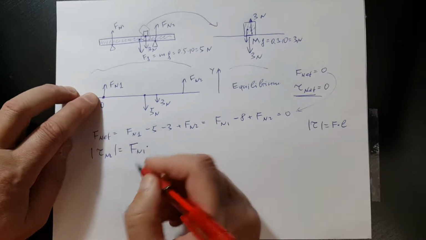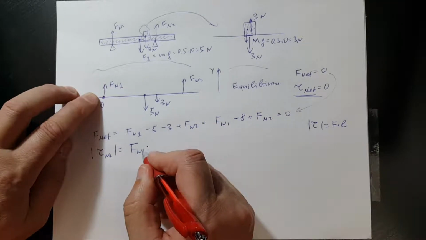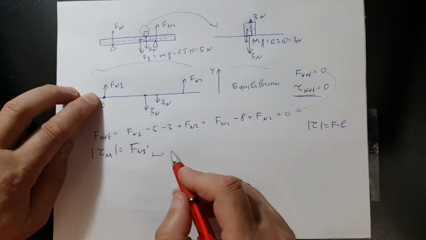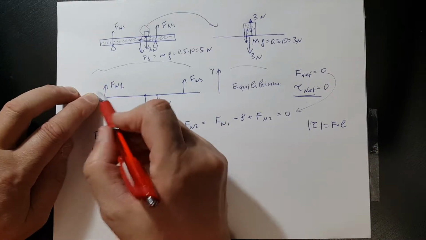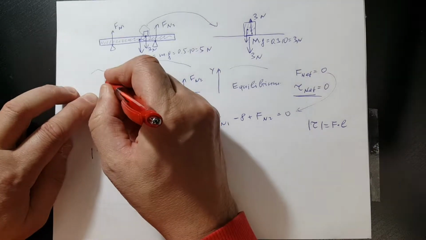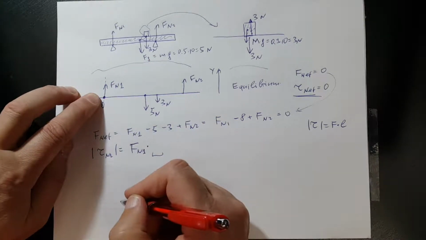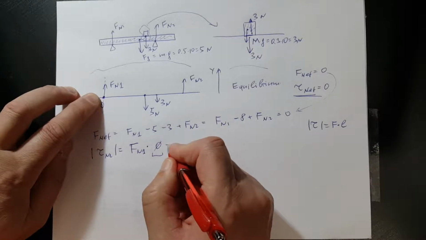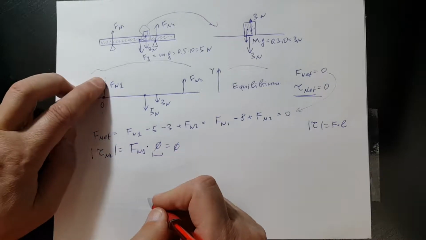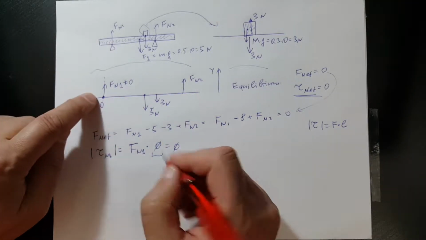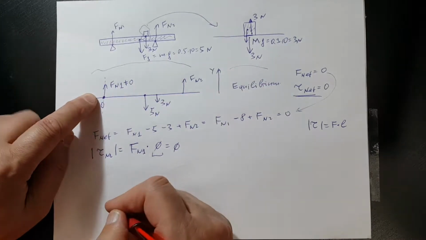We write a symbol, a label. But the lever arm should represent the distance from the axis of rotation to the line of action. Do you see any distance? No. No distance means zero. No torque. The force is not zero, but the torque of that force relative to this axis is zero.